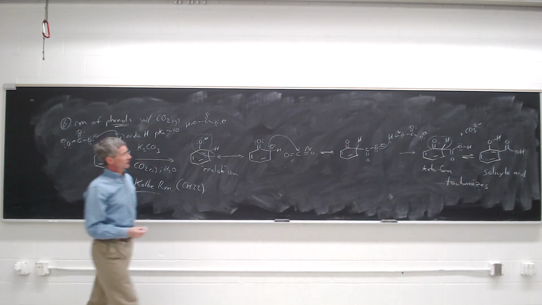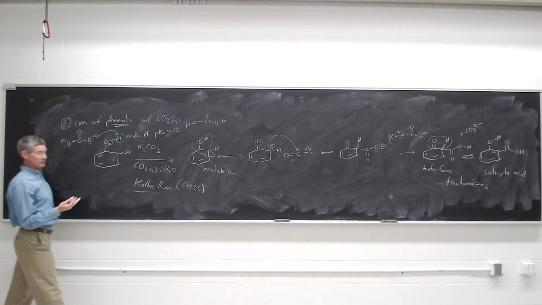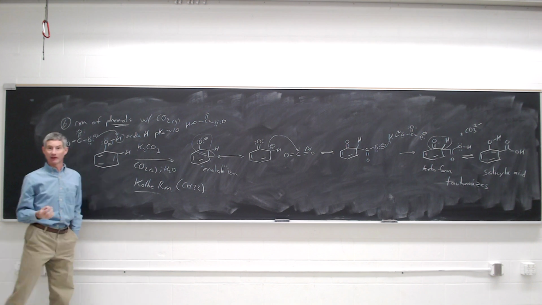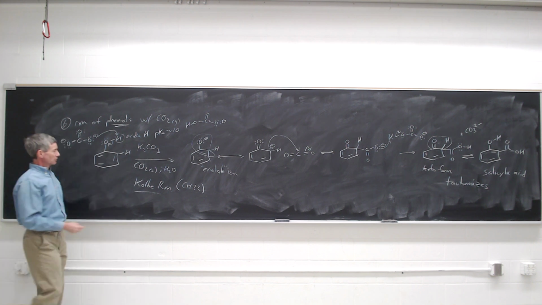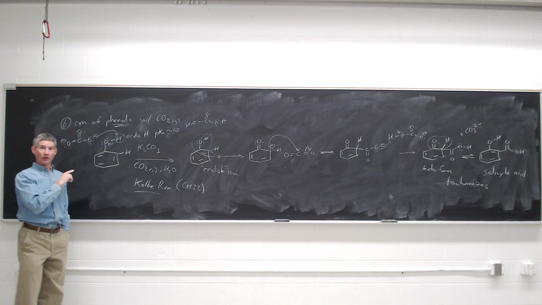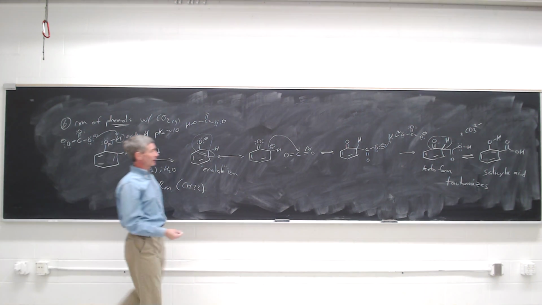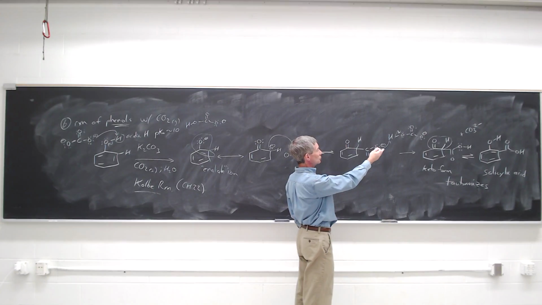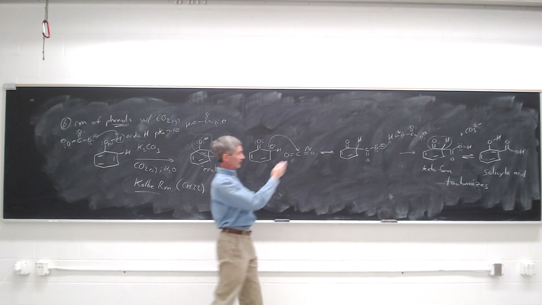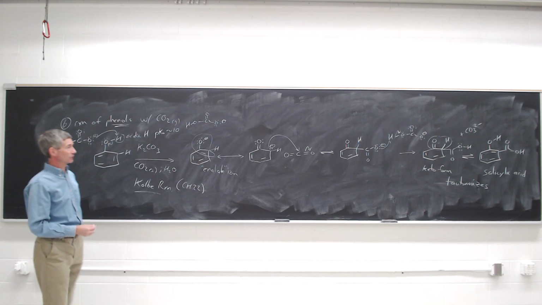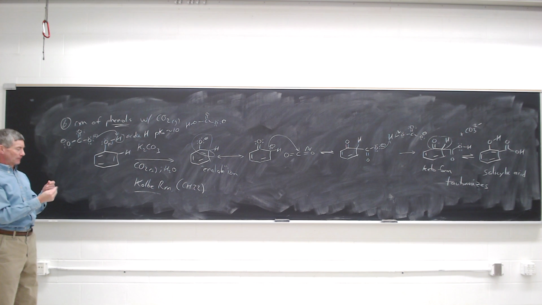So the Kolbe reaction is an effective method under much milder conditions, using only potassium carbonate as the base, to react a phenol with carbon dioxide to generate a 2-hydroxy carboxylic acid, salicylic acid, also known as 2-hydroxybenzoic acid.